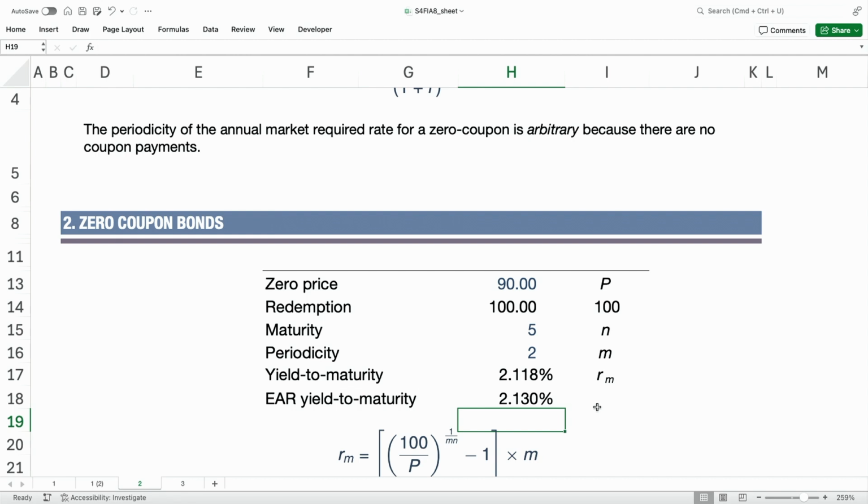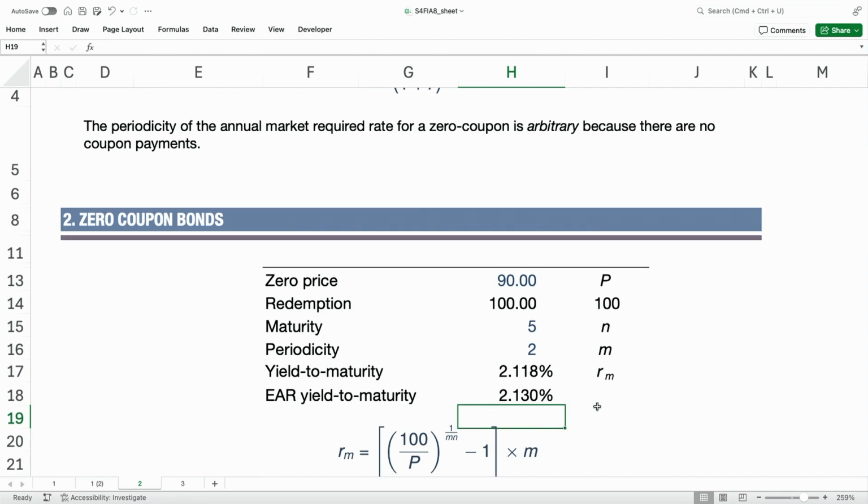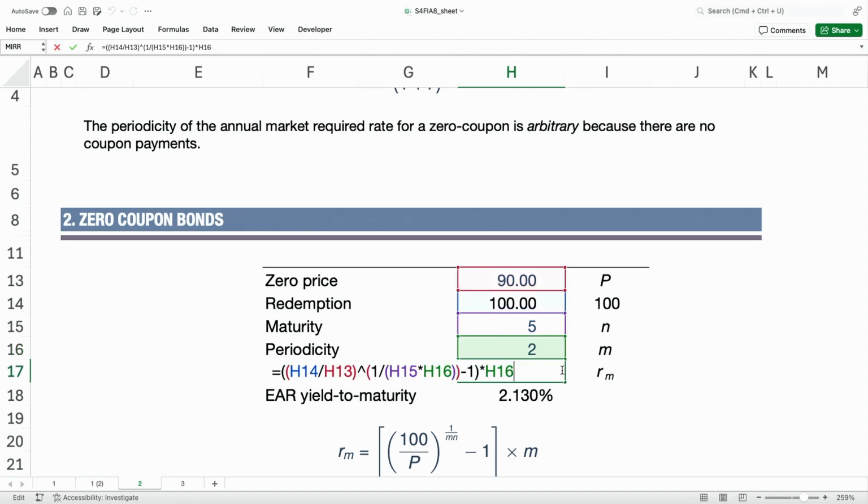Consider this 5-year zero coupon bond priced at 90. If we assume annual compounding, we simply discount the redemption value of 100 for 5 years at the rate of 2.13%. If we assume semi-annual compounding, we have 10 half years and we get 2.118%.